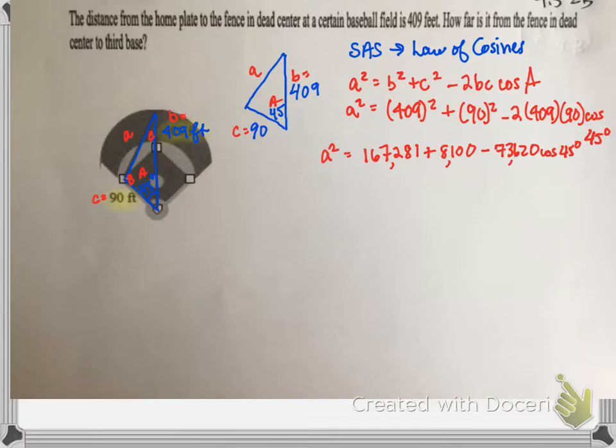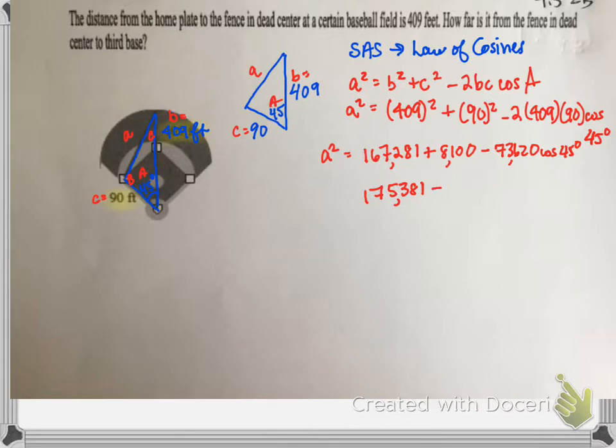Okay? All right. So I have to add 167,281 plus 8,100. And when I do, I get 175,381.